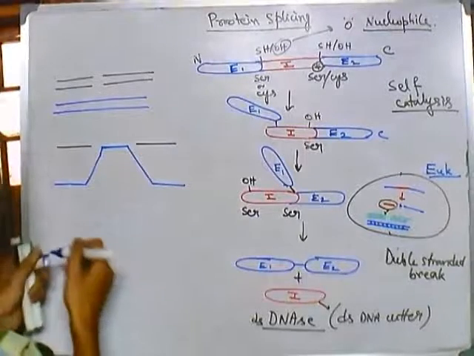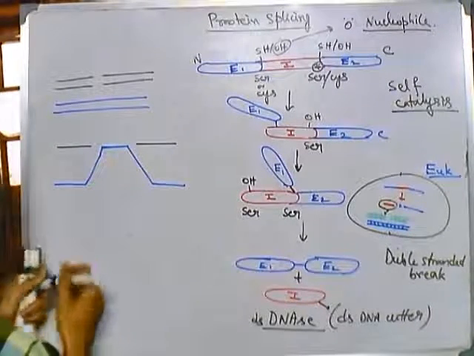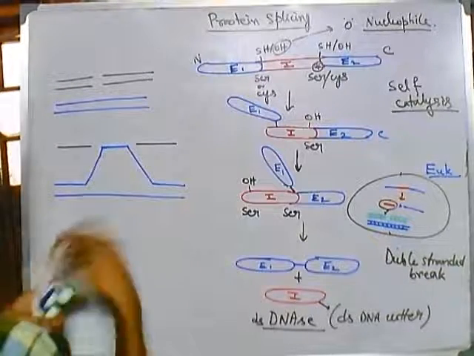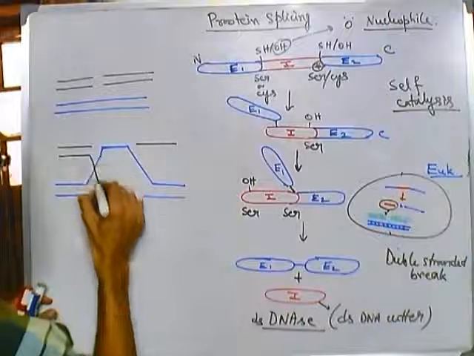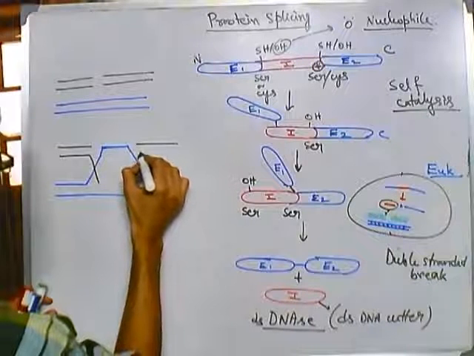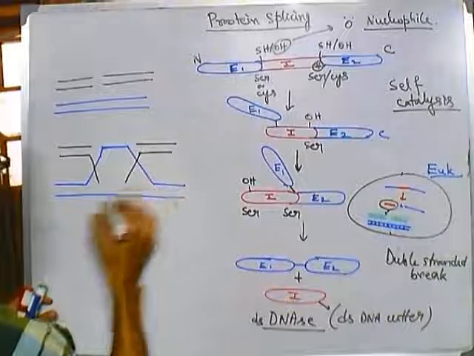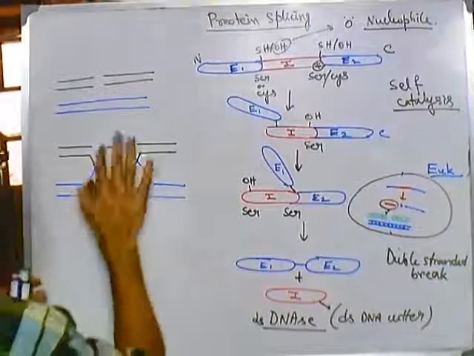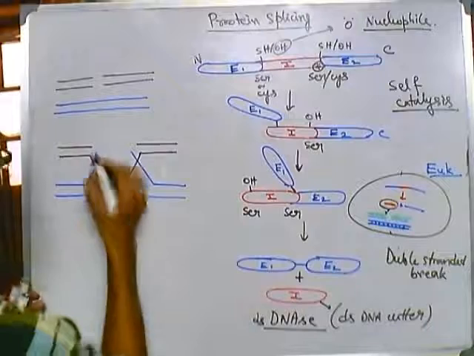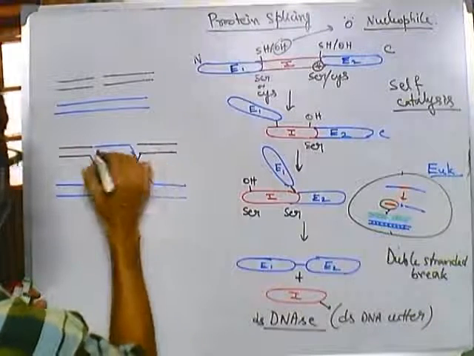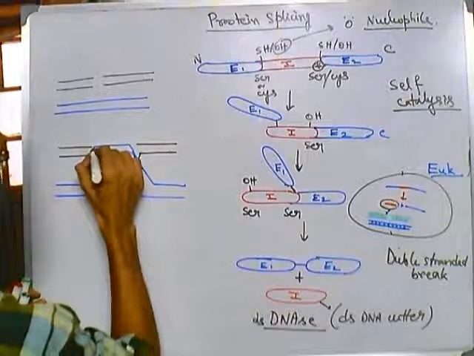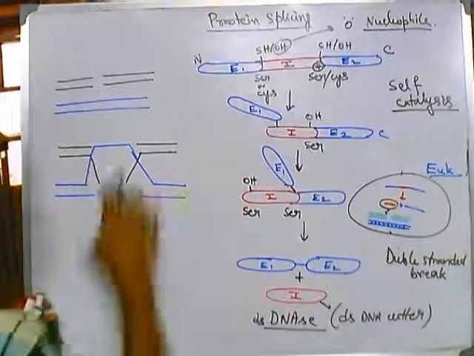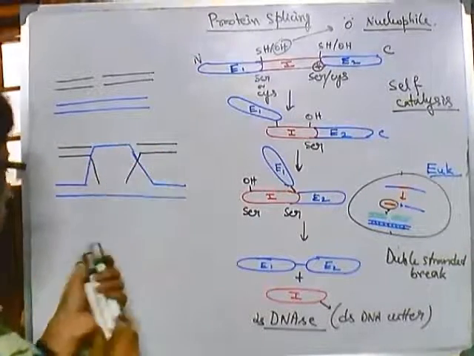Here it is, and obviously this one. So this is going to be the point, right? This is going to be the structure. This is how the structure is going to look like.